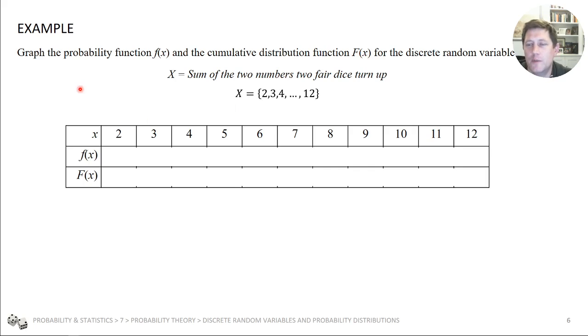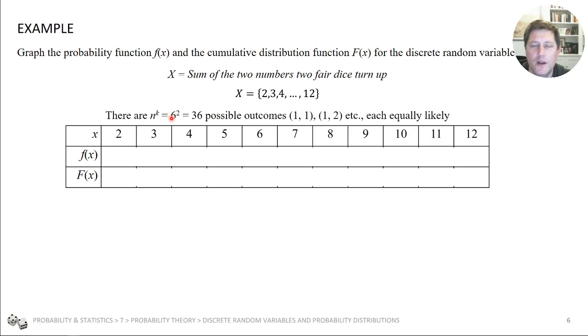So our outcome can be any integer from 2 to 12. This is the case that there are 6 possible outcomes, and we're drawing 2 of them, and repeats are possible.